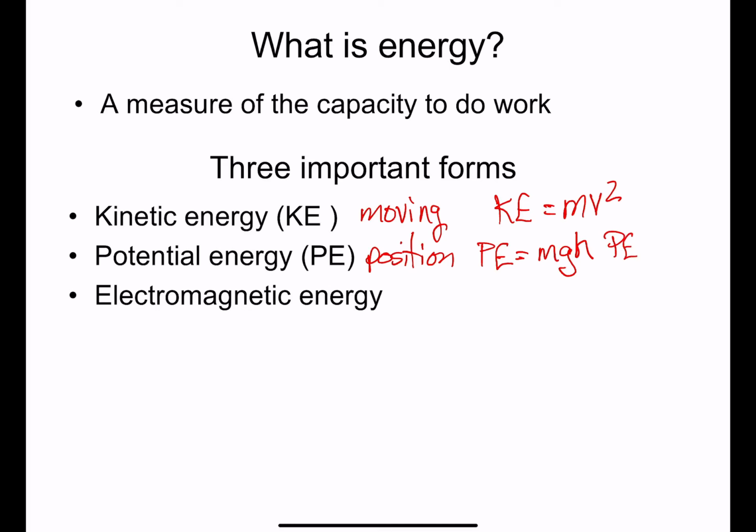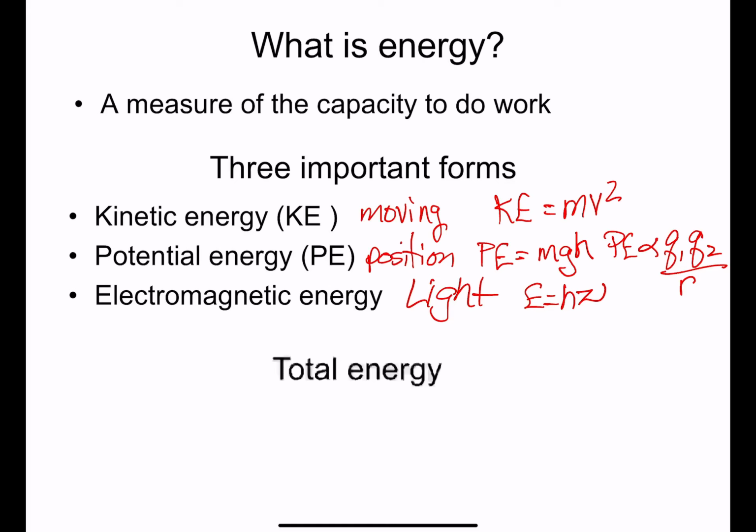We can also think about potential energy in an electronic force field, where potential energy is proportional to the charges of our 2 particles, Q1 and Q2, and R, the distance between them, also gives rise to potential energy. Electromagnetic energy is another name for light energy, and that energy is equal to Planck's constant h times nu, the frequency of the light. We'll talk more about that later.